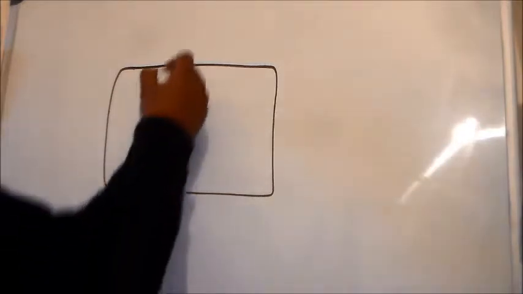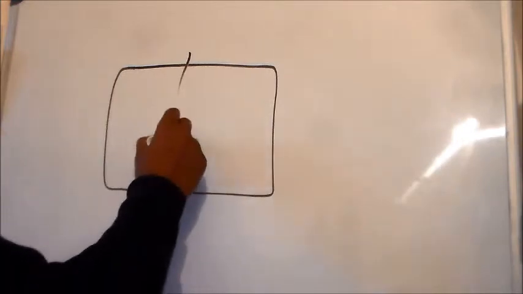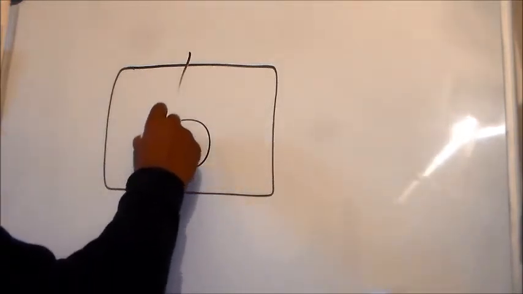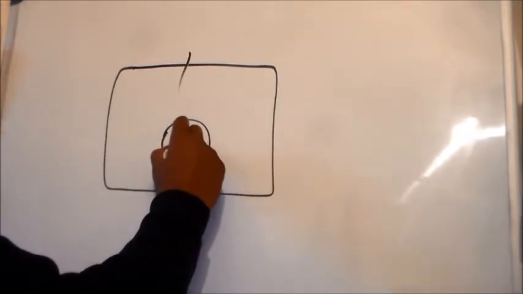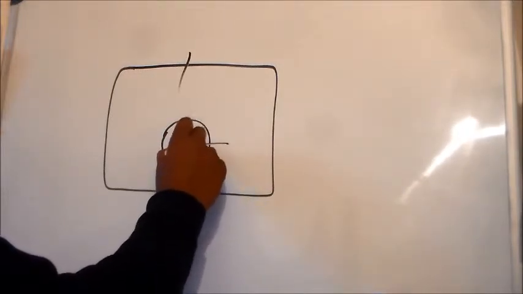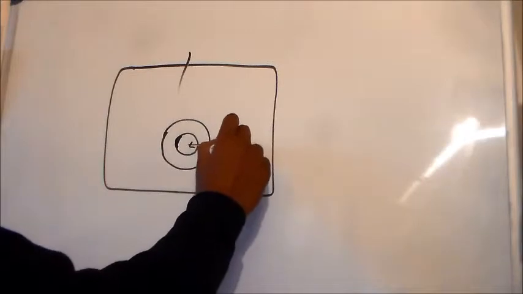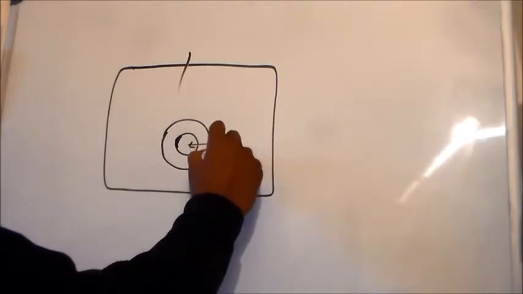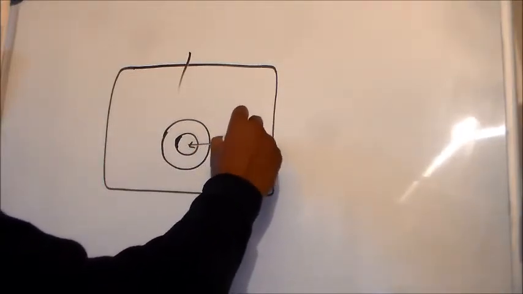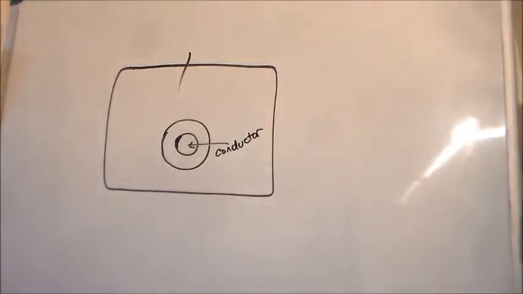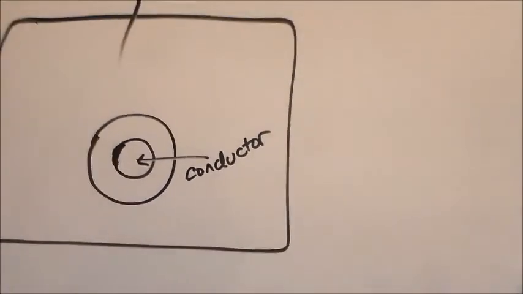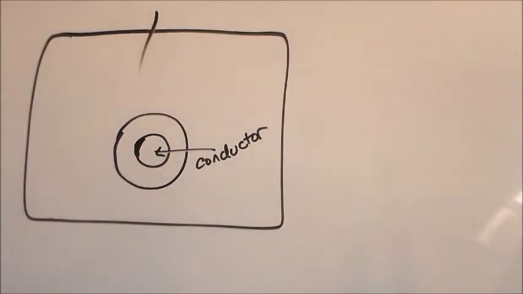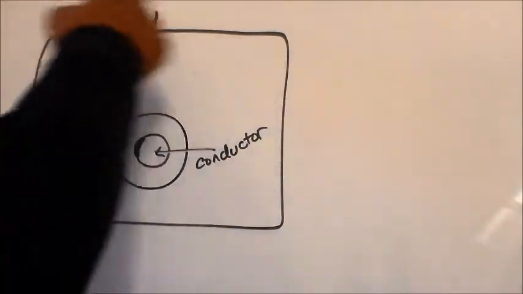So if we took this and we just sliced it in half and looked at it sideways, you'd have a metallic material in the center, and this is the conductor. Like the train, a conductor. Okay, so we have the conductor, and that kind of carries the current through the whole system.